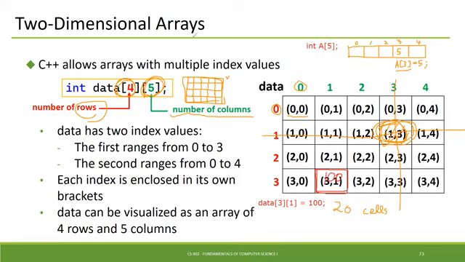So here, see, there are two index values. 0 to 3 is the row index, and 0 to 4 is the column index. Yes, so we are going to use this a lot.